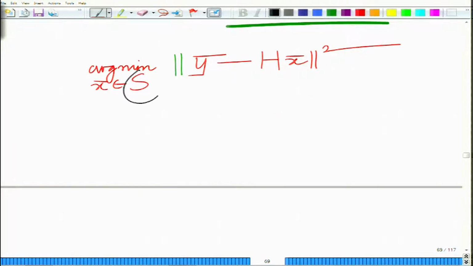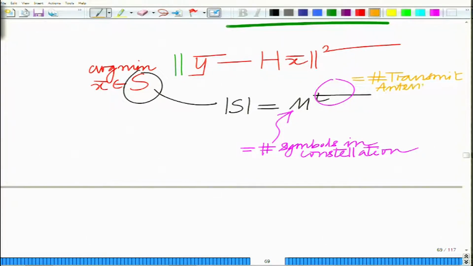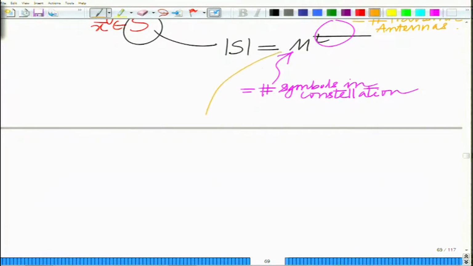The problem with this is, the cardinality of the set is m raised to t, where m is the number of symbols in the constellation, and t is the number of transmit antennas. So this is exponential in the number of transmit antennas, which has a very high complexity.